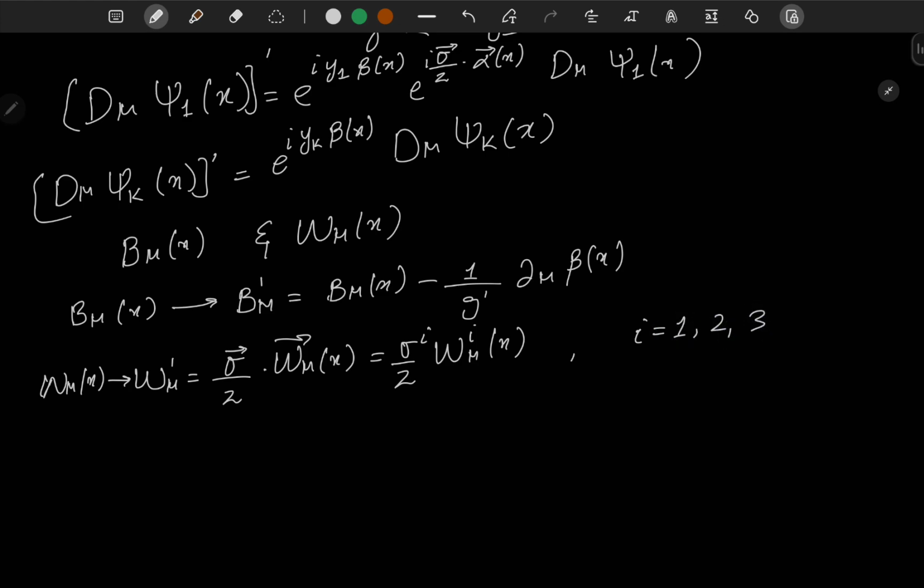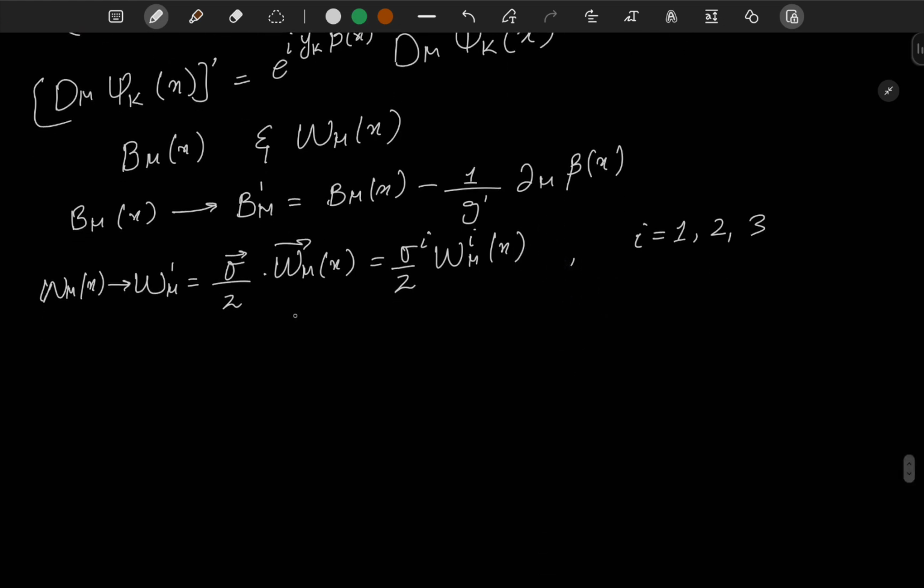So in the case of QCD we had 8 fields, because we had 3 colors. Here we have a doublet, so the number of generators will be n squared minus 1.